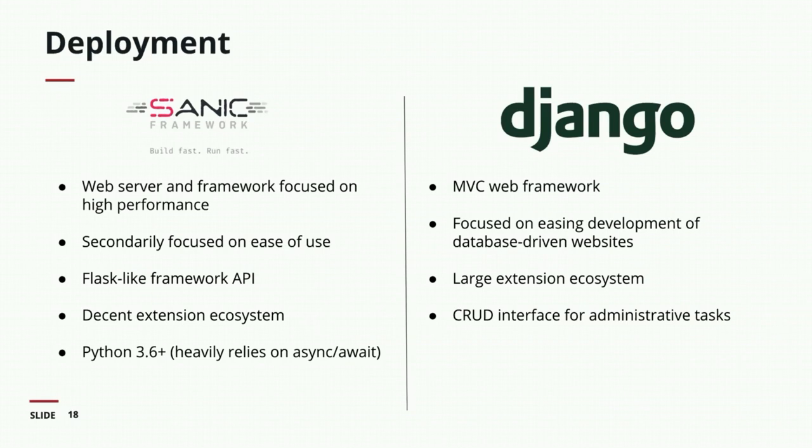And then last is deployment. For us, we actually use Sanic to do most of our model deployments. The reason that we do that is that Sanic is essentially a Flask-like framework, but focused on high performance, and secondarily, on ease of use.